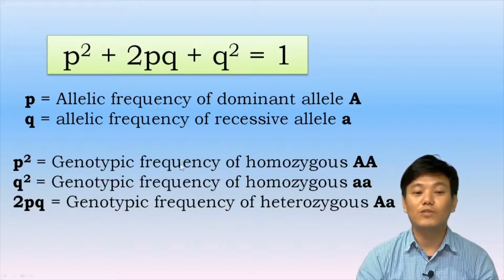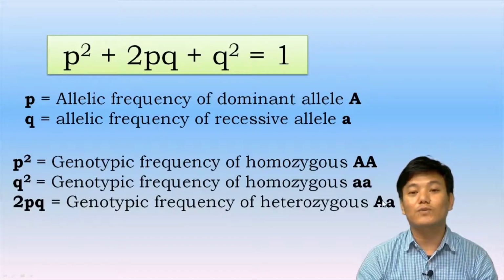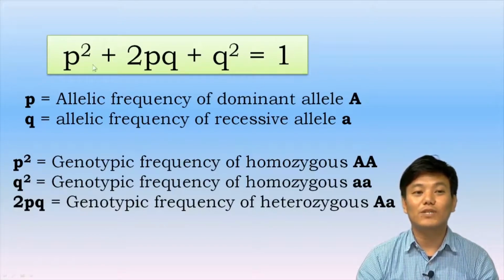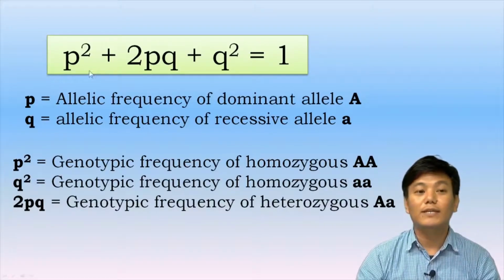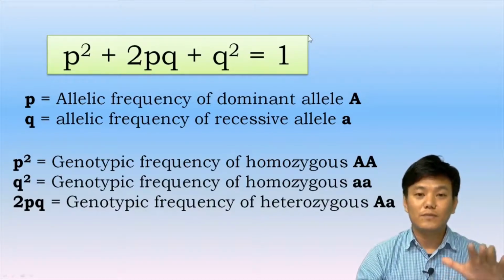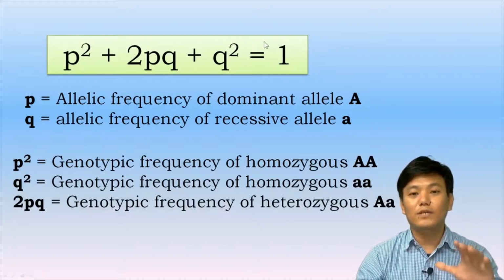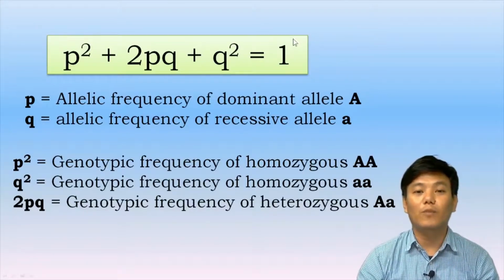The genotypic frequency of homozygous dominant individuals is represented by p square, whereas the genotypic frequency of homozygous recessive individuals is represented by q square, and 2pq represents the genotypic frequency of heterozygous individuals. That is the interpretation of the Hardy-Weinberg equation, and it shows the genetic equilibrium within a population in the absence of any evolutionary force.